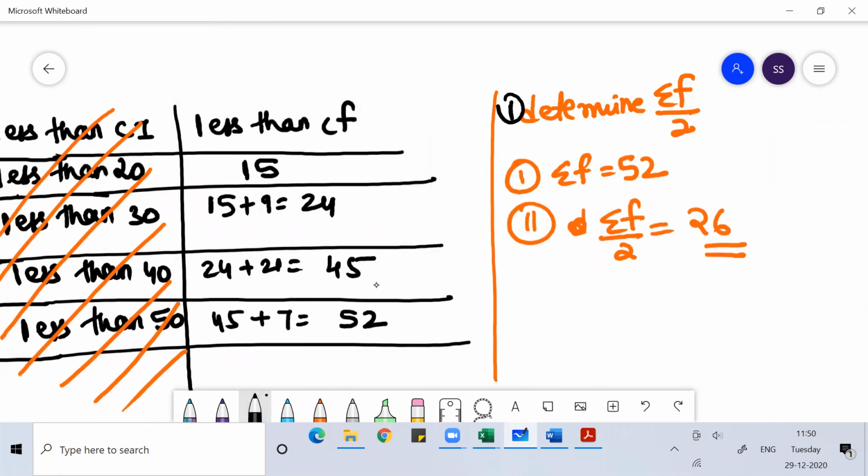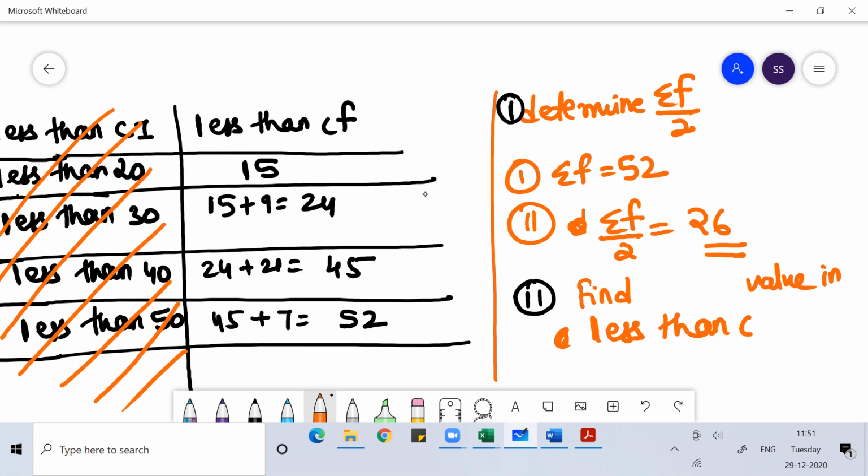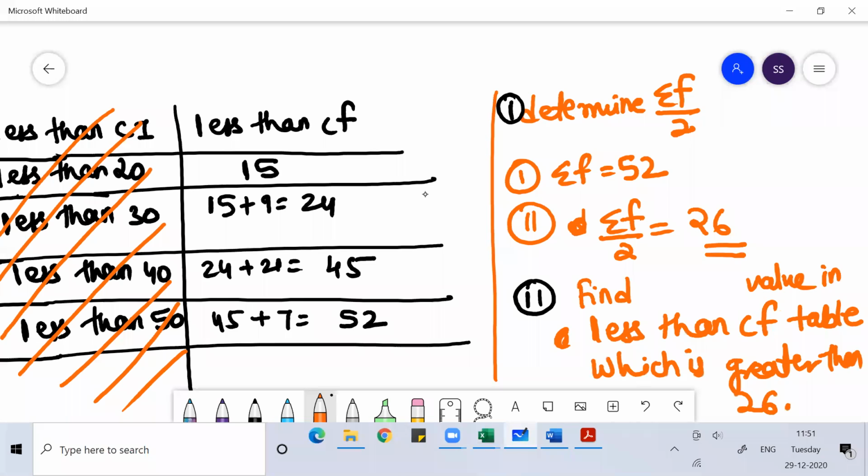The second thing you have to determine is to find the value in the less than cumulative frequency table which is greater than 26. So you have to find this.